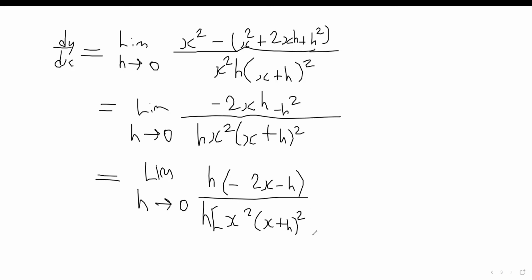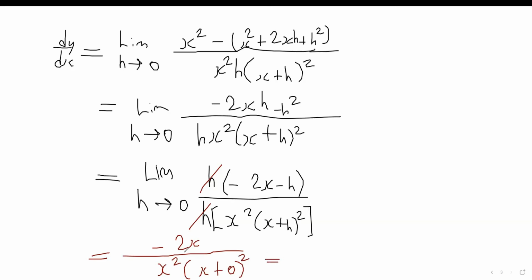Nice. So since this is what we end up with now, are we good? We notice that the h here cancels out the h there, so we can plug in h as 0 now. You're going to get minus 2x over, plug in h as 0 down here, so you get x squared times (x plus 0) squared.